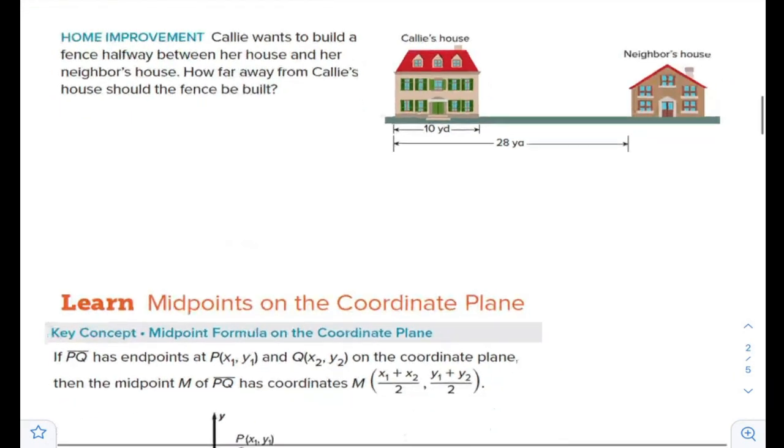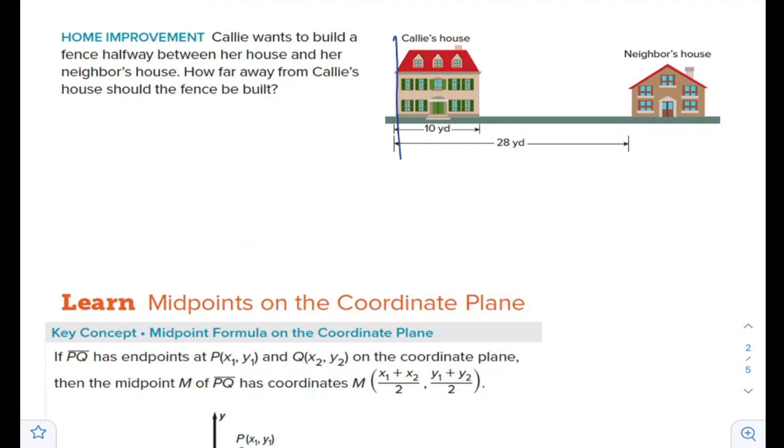Okay, here Callie wants to build a fence halfway between her house and her neighbor's house. How far away from Callie's house should the fence be built? If you assume that this is the start of the number line at 0, the coordinate here will be 10, and the coordinate here will be 28.